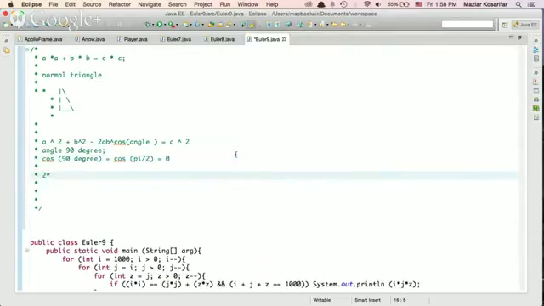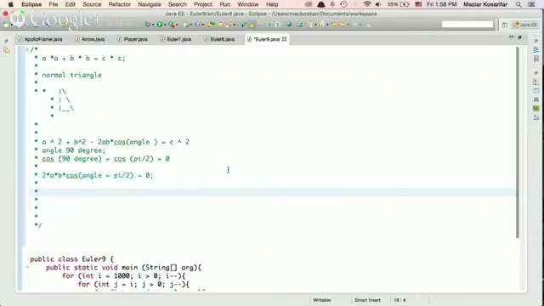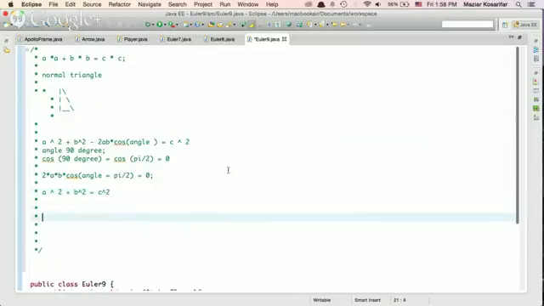So 2 times a times b times the cosine of that angle is 0. So in a right triangle, a to the power of 2 plus b to the power of 2 should be equal to c to the power of 2.